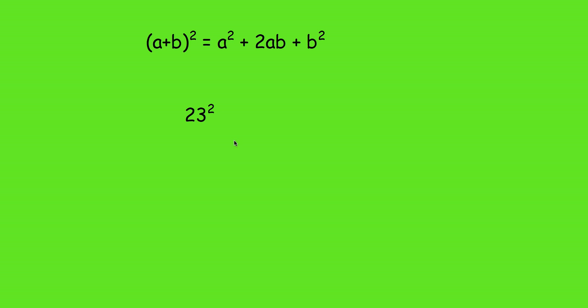Suppose we want to find out the square of 23. You can write it as (20 + 3) whole square. We can expand it as 20 square plus 2 into 20 into 3 plus 3 square.